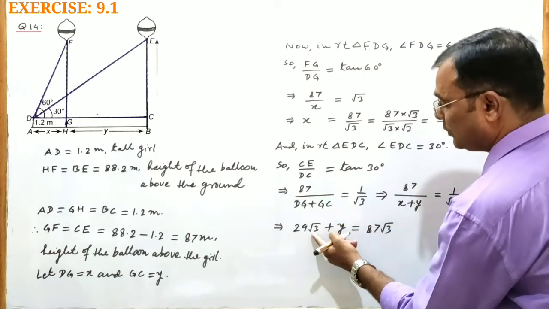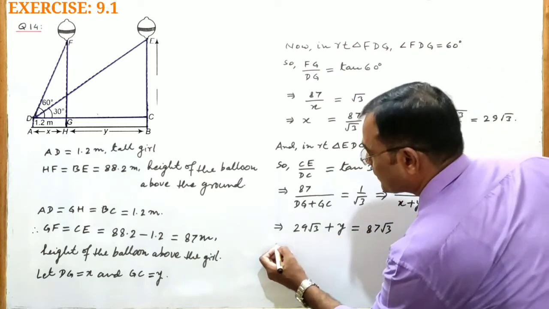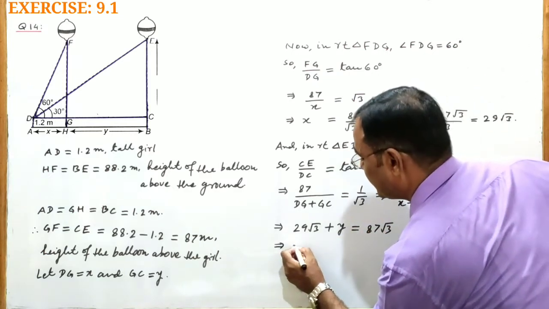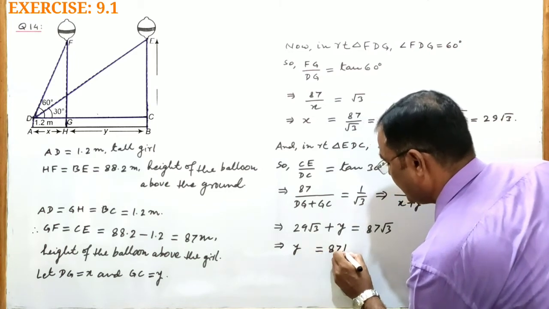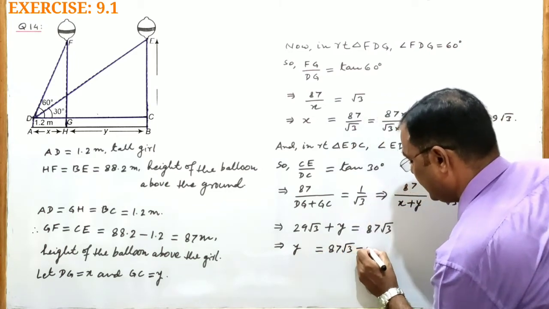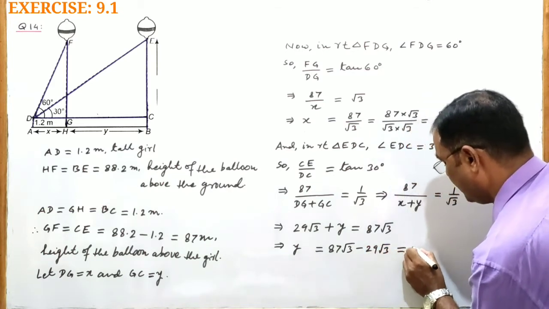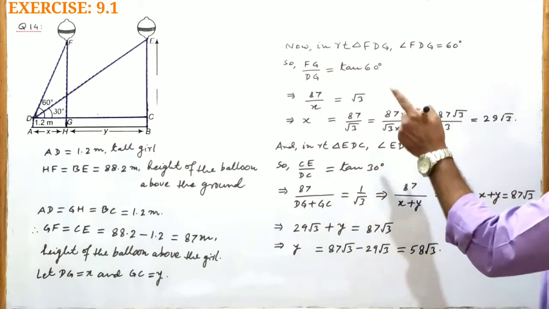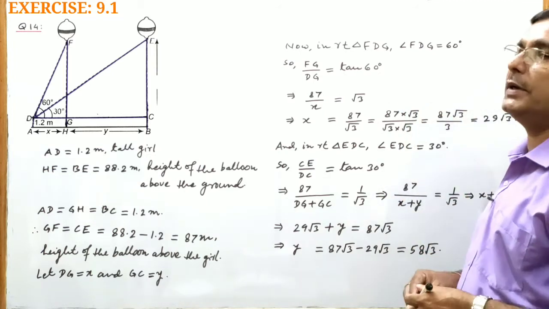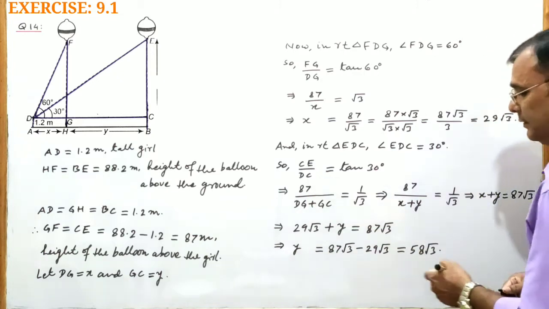So 29 root 3 plus y equal to 87 root 3, and this implies y equal to 87 root 3 minus 29 root 3 is equal to 58 root 3, and y is the distance travelled by the balloon during this interval.